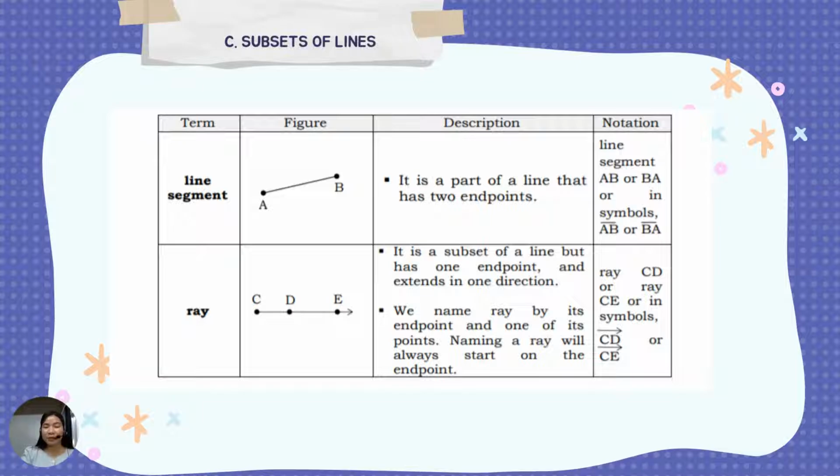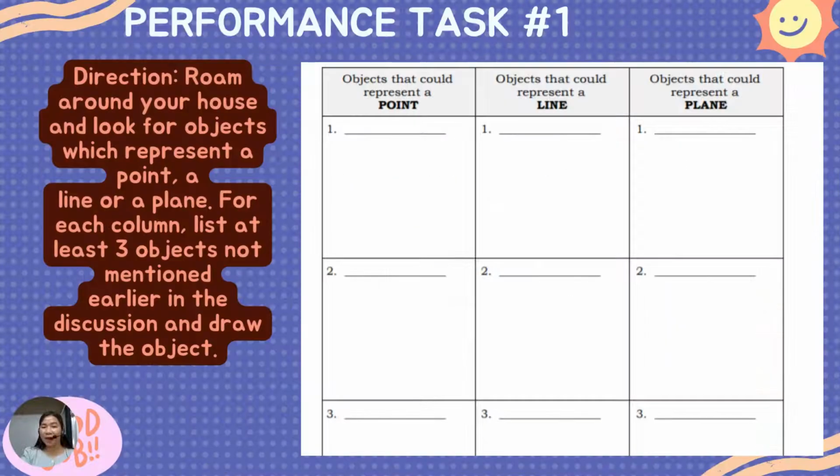The next presentation that I will be showing is your performance task number 1. Here is the direction. Roam around your house and look for objects which represent a point, a line, or a plane. For each column, list at least 3 objects not mentioned earlier in the discussion and draw the object.